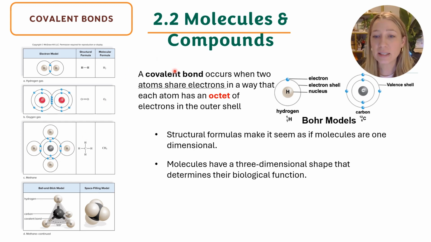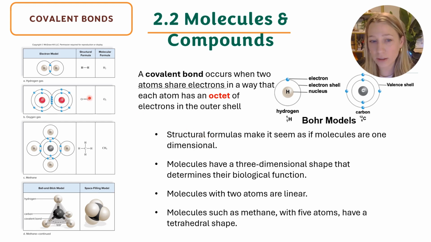But these actually exist in 3D space. They're three-dimensional unless they're linear. So in the instance of H2 or O2, if they have two atoms, they are linear. But if they have three or more atoms, these exist in three-dimensional shape, such as methane here, CH4. You have carbon in the middle, and then it makes this pyramid shape. It's a tetrahedral with 4 hydrogens, making that pyramid around the carbon.